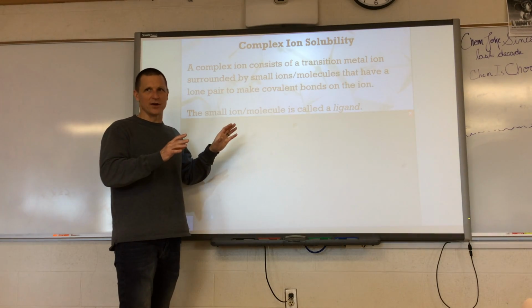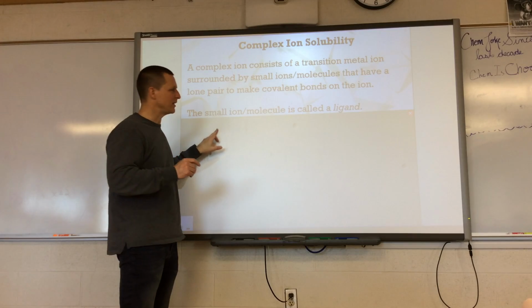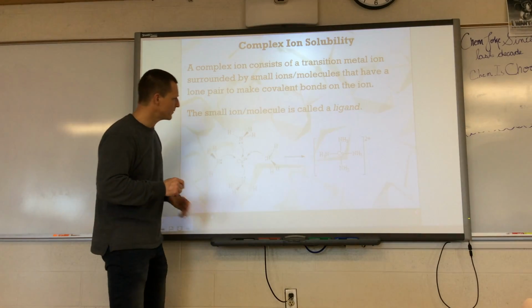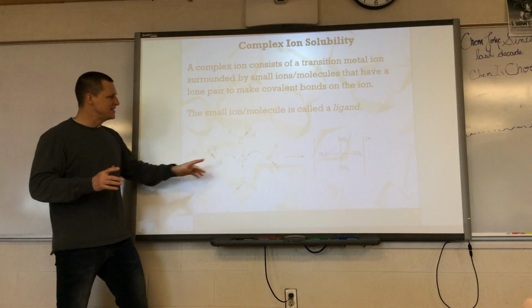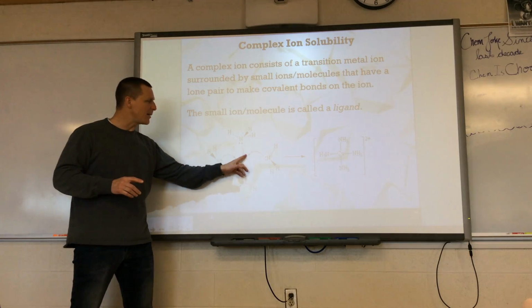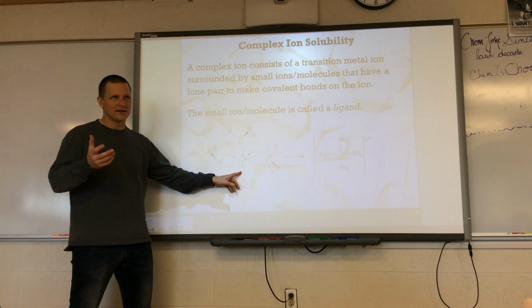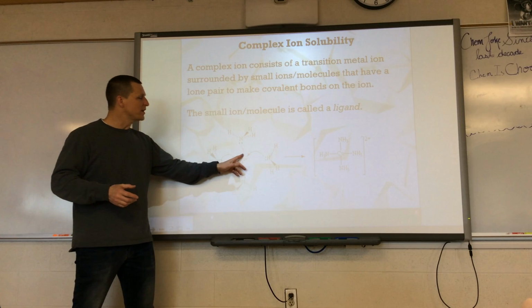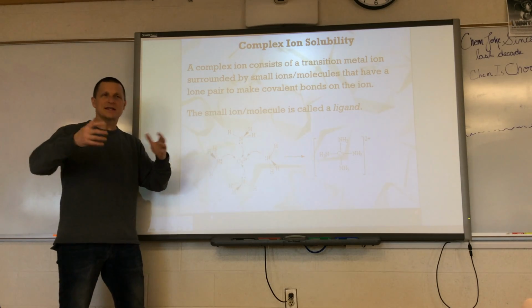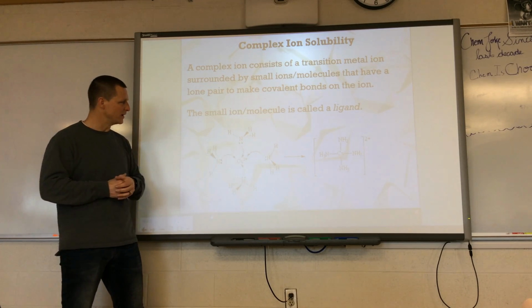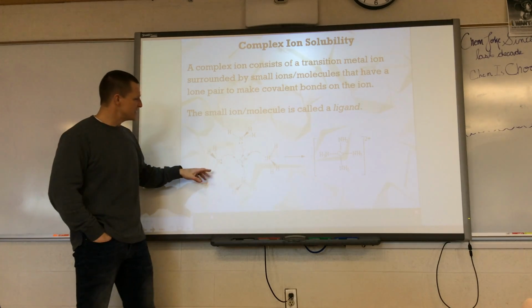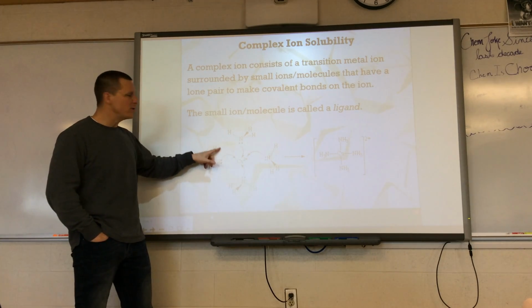I know the picture is scary. I want you to just take a look at it. You don't need to write anything down. What happens here is, this is our copper ion. Copper is a transition metal. So when copper makes a positive 2 ion, it's got some empty orbitals around it. Now what you see is there's 4 ammonia molecules.